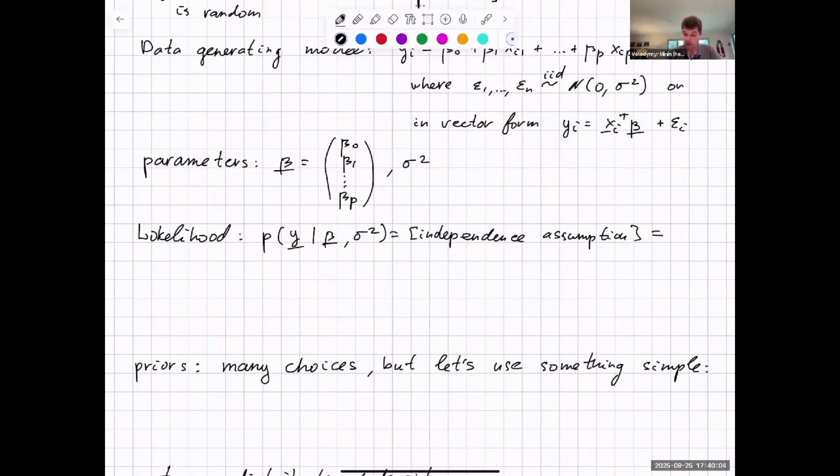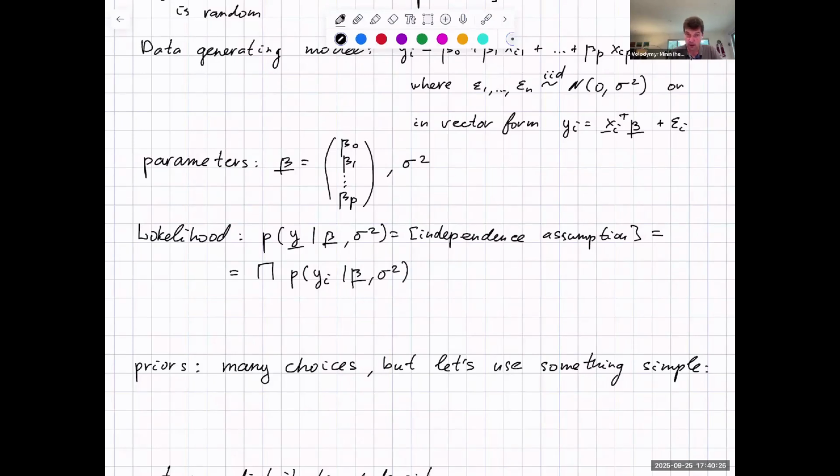So it's our independence assumption that leads to the fact that this is just a product, right? If you have independent random variables, you can just multiply their densities. The same with events. If you have independent events, the probability that they occur simultaneously is a product of individual probabilities. The same thing works for random variables.